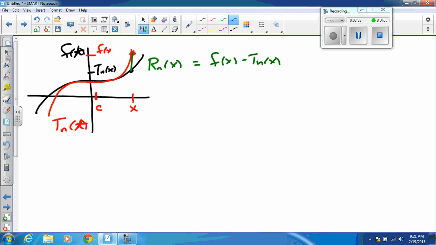But what I'm going to do is construct a function of t that's going to have a domain between c and x, and my function of t is going to be equal to the remainder plus an error correction term.